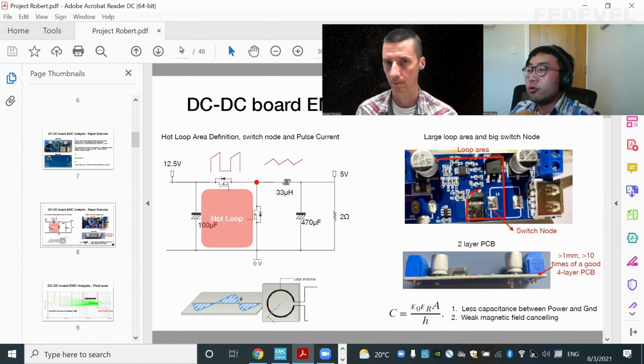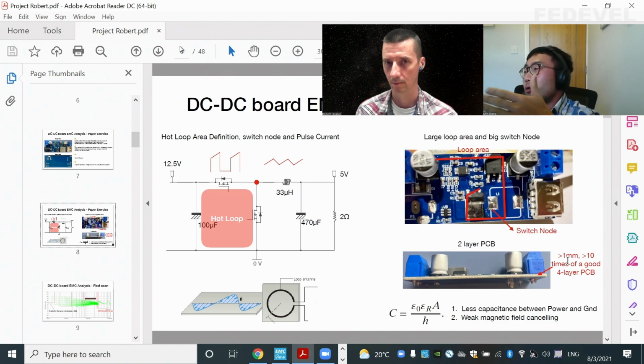But how good that cancellation is really depends on how close your second layer is to your first layer. In this case, as I pointed out, it's a two-layer PCB. If you measure the distance between the first layer and second layer, it's above 1 millimeter.